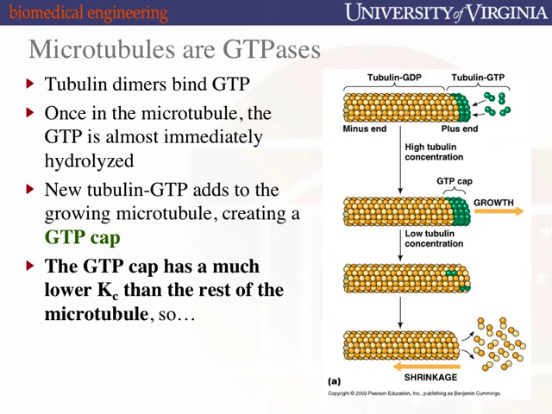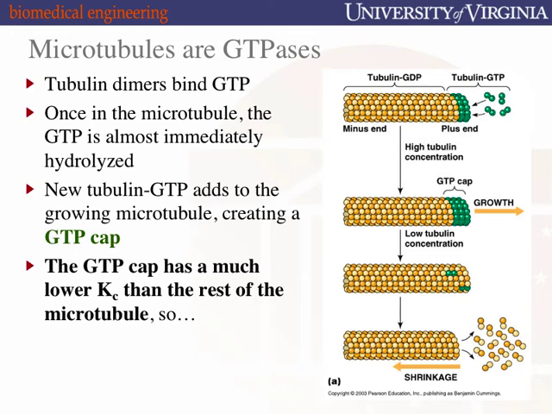What that means is that if you don't continually add GTP tubulin to the plus end, and you give those molecules enough time to hydrolyze that GTP into GDP, now the critical concentration goes up, and it actually goes up above the concentration of the available monomer. And so it undergoes this disassembly.